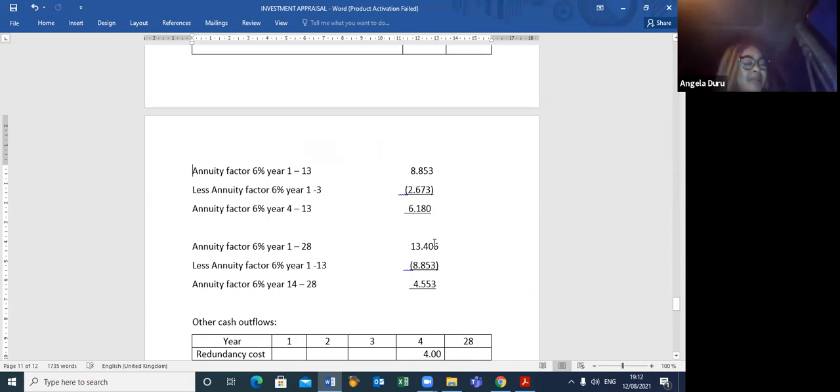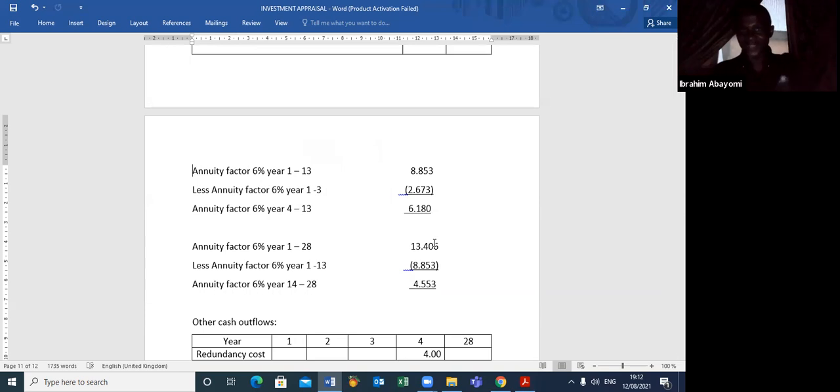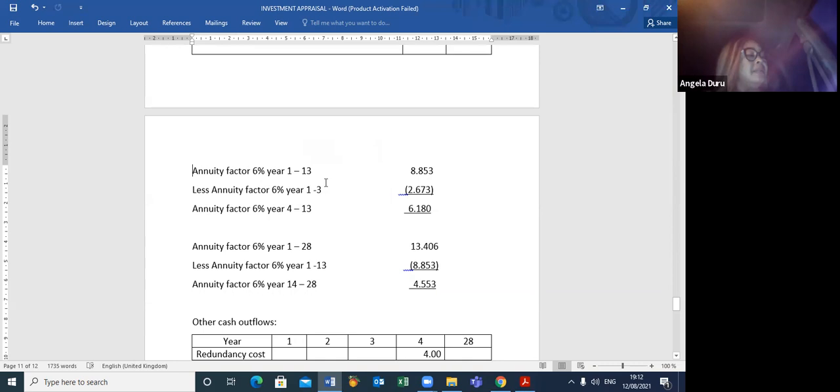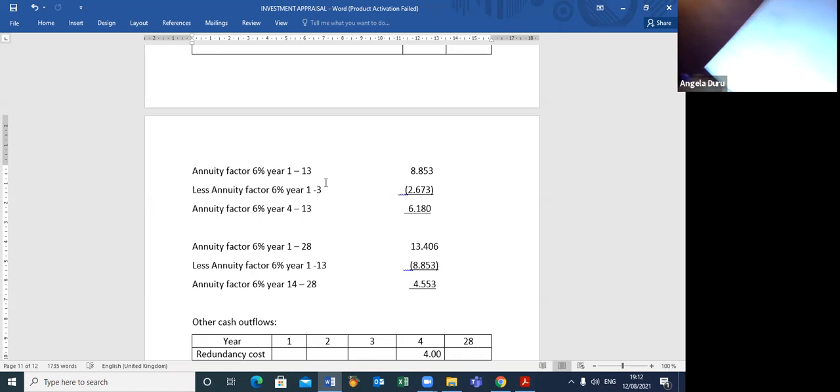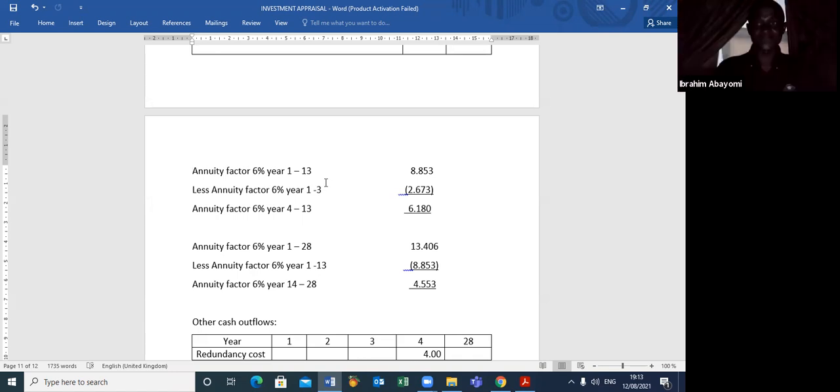You first do year 1 to 13, then you do year 1 to 3. So remove 1 to 3 from 1 to 13, and the remaining is 4 to 13. Is it clear now? Yes, sir.